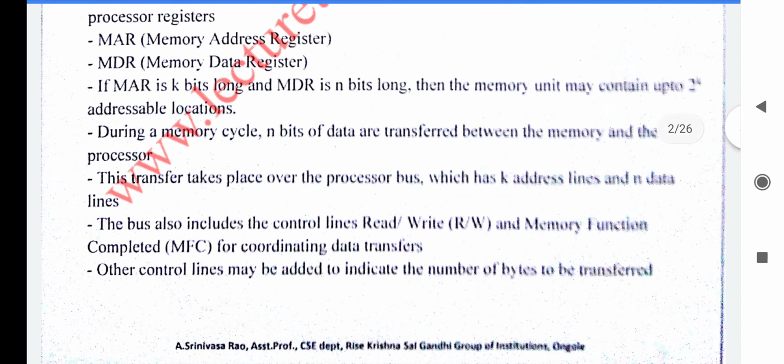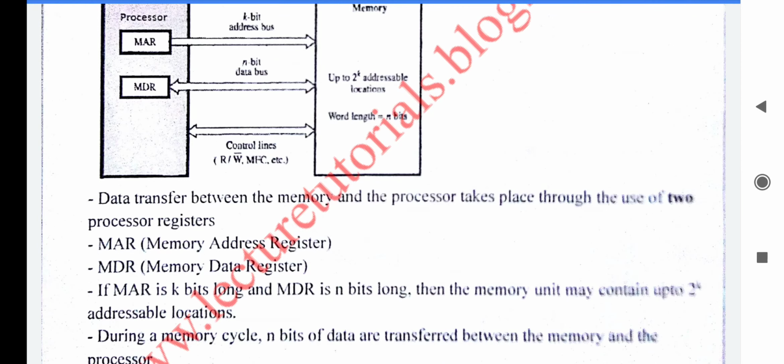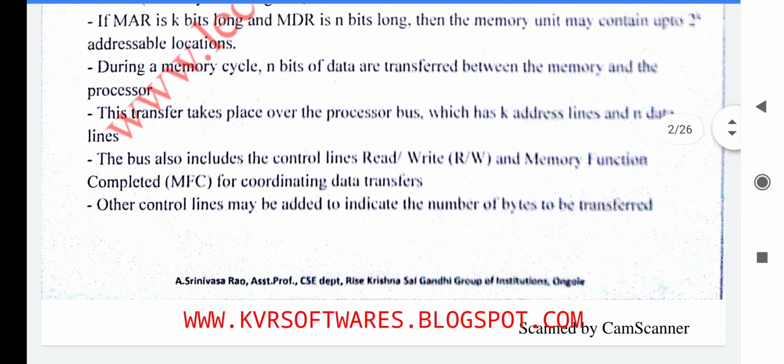This transfer takes place over a processor bus which has k address lines and n data lines. The bus also includes control lines. At the bottom of this diagram we have control lines. Observe here, that is read or write and memory function completed, MFC, for coordinating data transfer between these two.